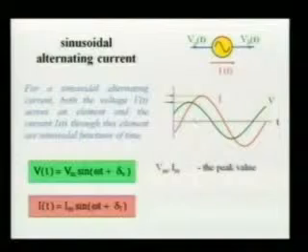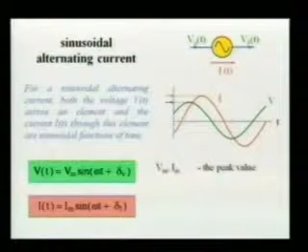And if we look at the plot, it is referred to as peak value because the highest value which the sine function can assume is 1. So if sine is 1, then the potential difference is equal to its peak value, or the quantity is equal to its peak value.